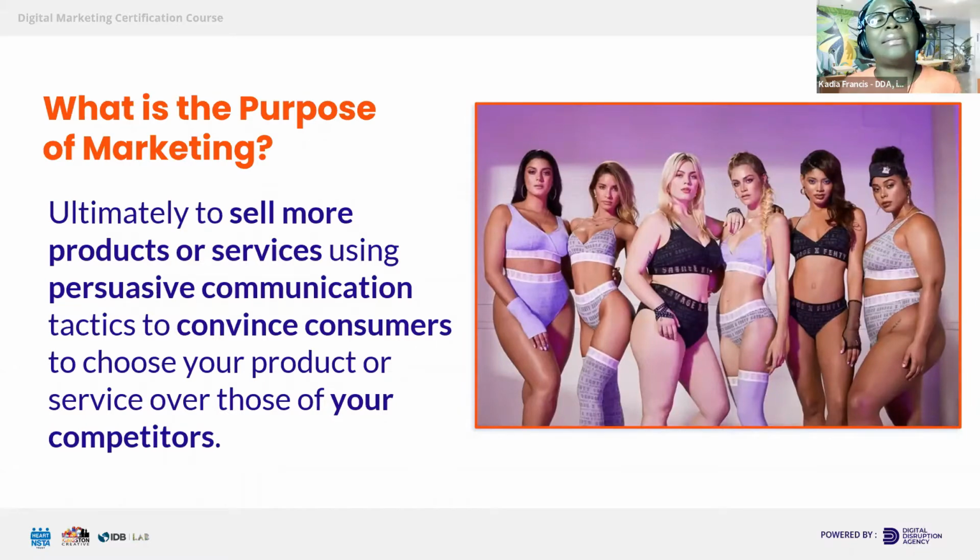Well, let's look at a brand like Savage X Fenty, owned by Miss Robin Fenty, aka Rihanna. Yes? Now, Rihanna started out as a musician, right? And then, of course, as all musicians do, in terms of creating additional revenue streams for themselves, they've sometimes branched out into fashion or other activities.